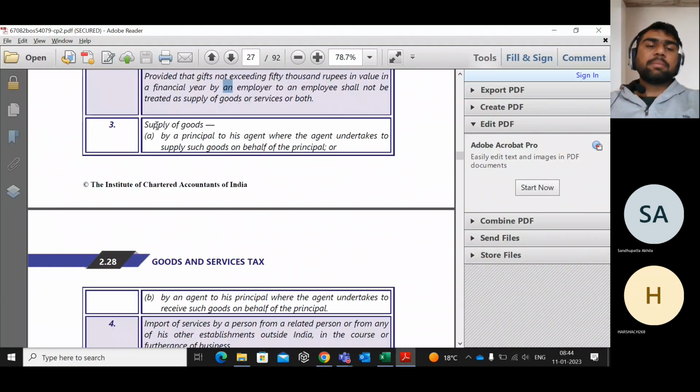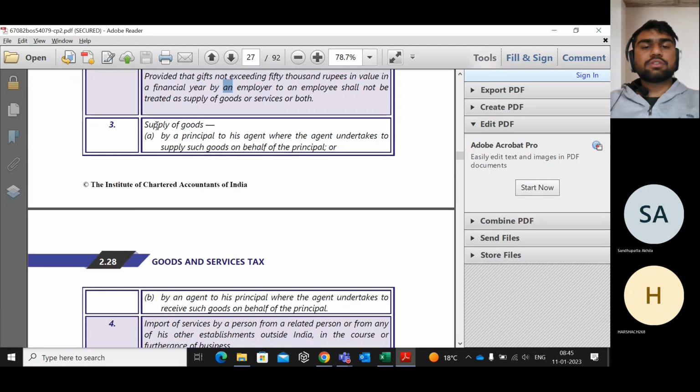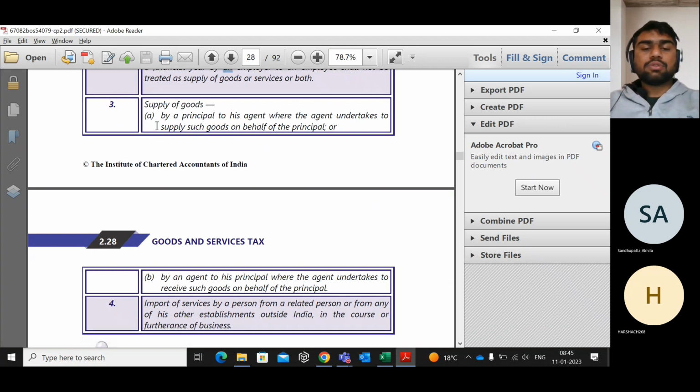You see here, supply of goods by the principal to his agent, where the agent undertakes to supply such goods on behalf of the principal. That means B will receive the goods. The agent undertakes to supply goods. Now B will sell the goods to C on behalf of A. Also, by an agent to his principal, where the agent undertakes to receive such goods on behalf of the principal.